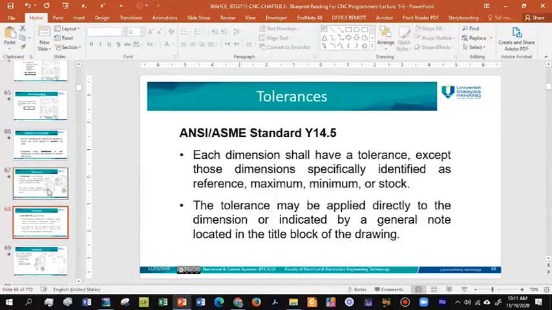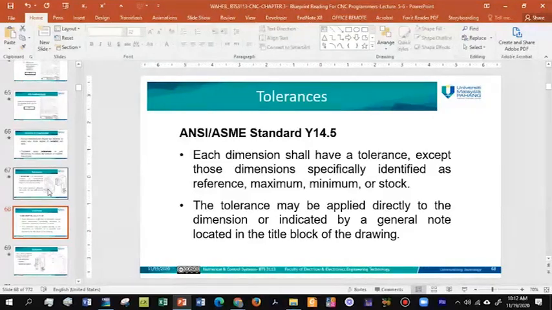There are actually two organizations which make the standards for products and services in manufacturing. One is the American National Standards Institute, the other the American Society of Mechanical Engineers.